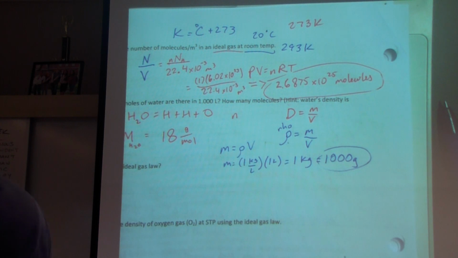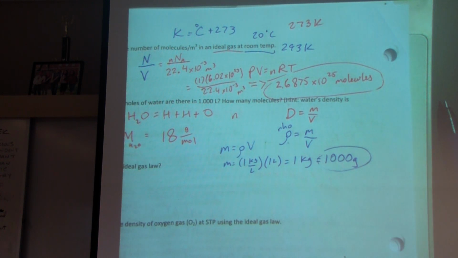We know how many total grams. We know how many grams per mole. What do we do with these numbers? There are that many molecules in a mole, and you're trying to figure out moles. So what do I do to find the answer?